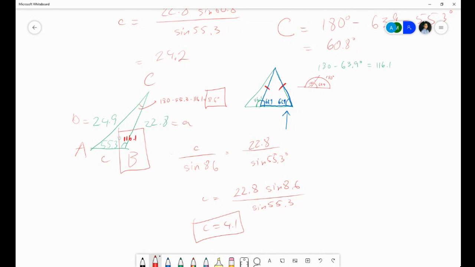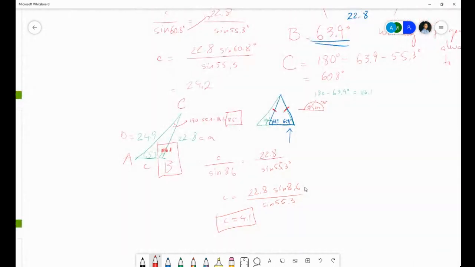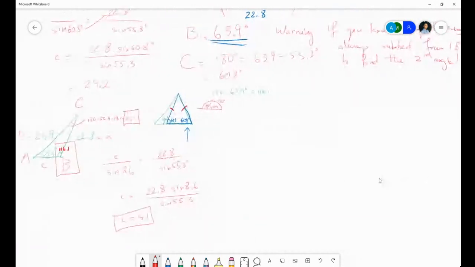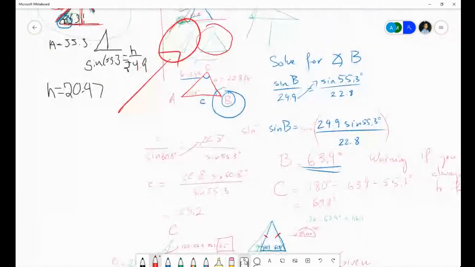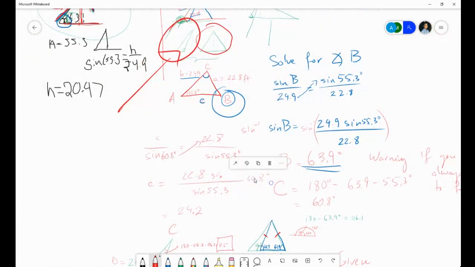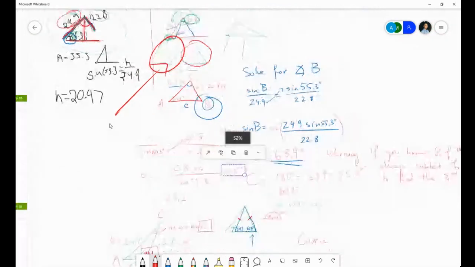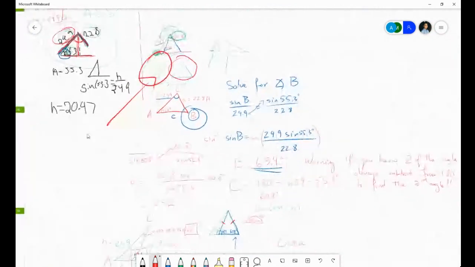All right, so since we have two triangles, we have to find a different notation to distinguish the difference between the two. So normally we use this notation here. So the given, we have angle A, and the side a, and the other one, side b.